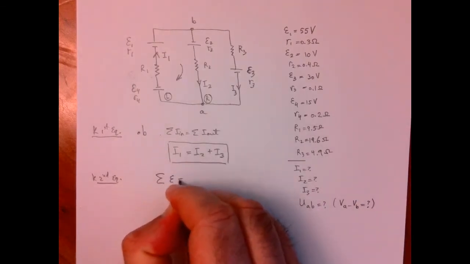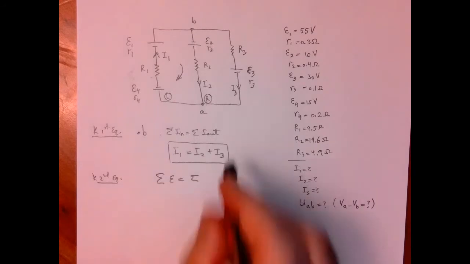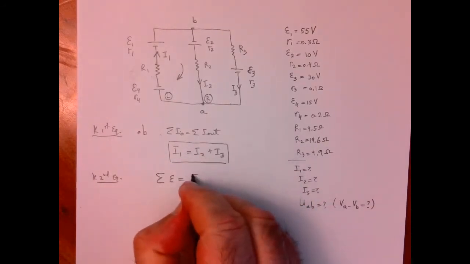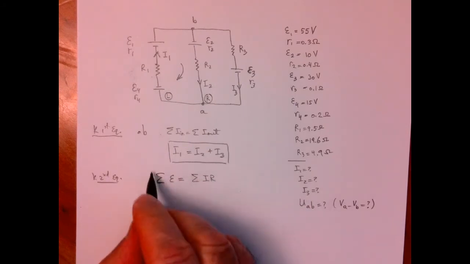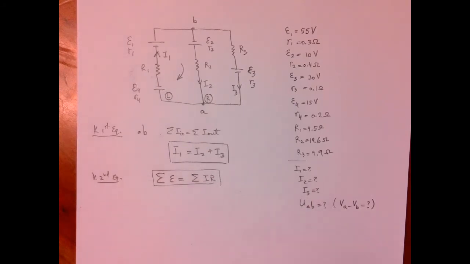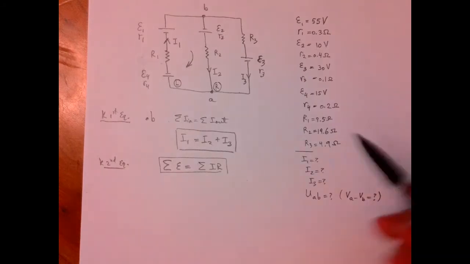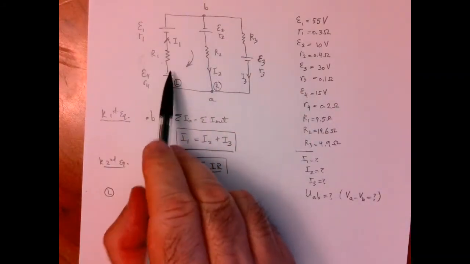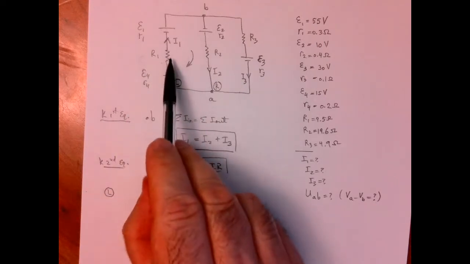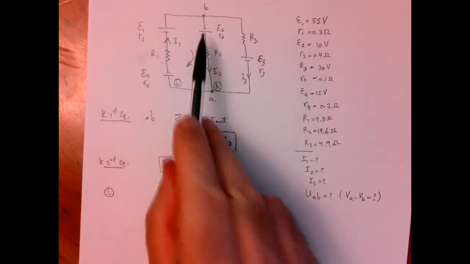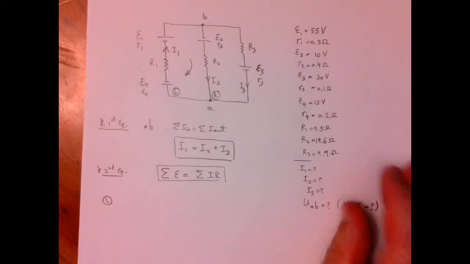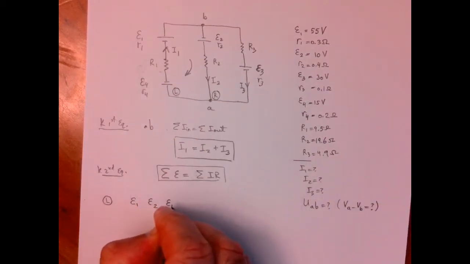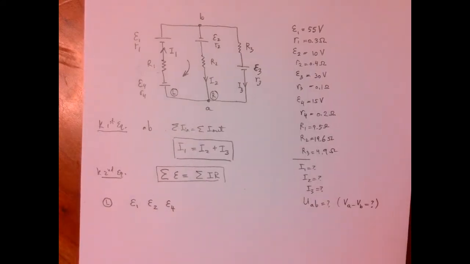Kirchoff's second equation says that the sum of all the EMFs around a loop is equal to the sum of all the IRs around that loop. So for the left loop, let's see what we have. We have 3 batteries: E1, E4 and E2. I'm going to write those without the signs, because we don't know what the signs are.